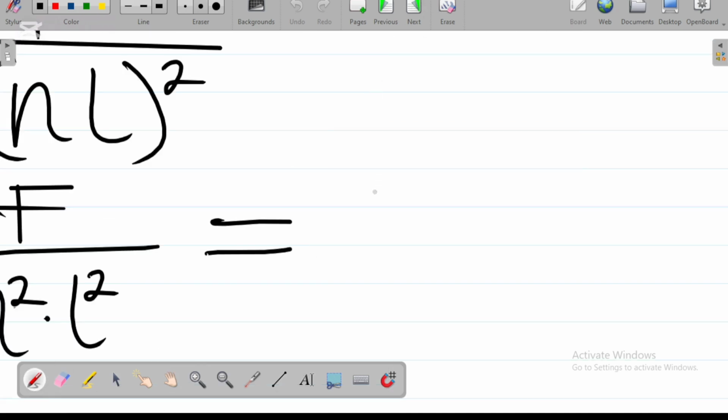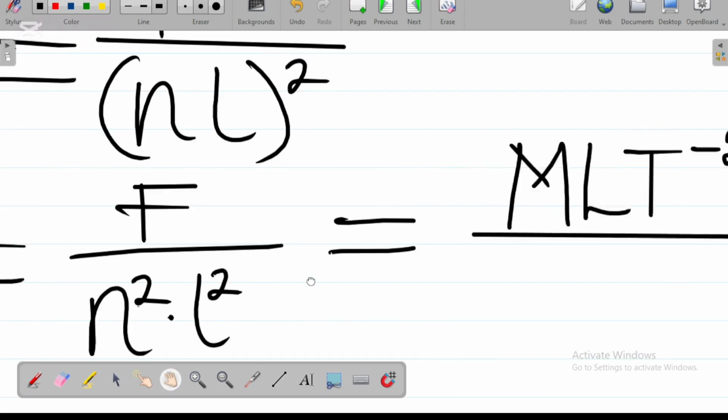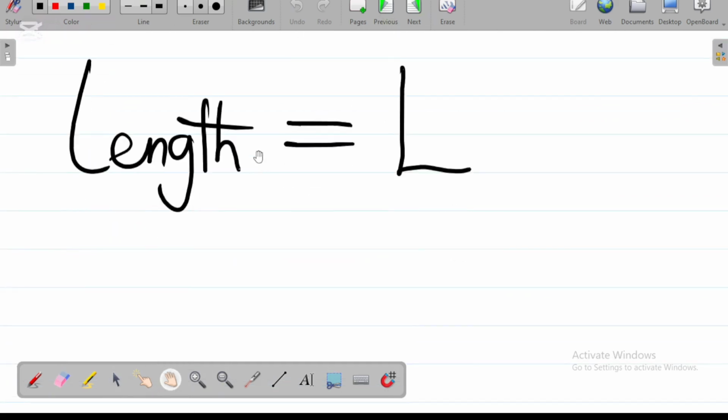So we have capital letter M, capital letter L, and capital letter T raised to power negative 2 divided by the next one here, we have N squared. So what's the dimension of N?